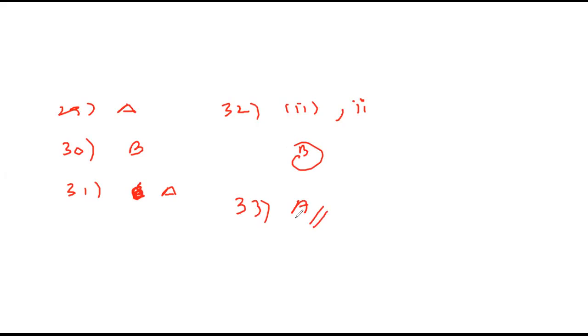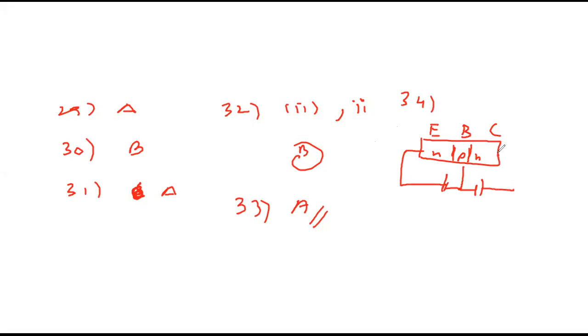34. When an NPN transistor is used as an amplifier, this is emitter, this is base, this is collector. One is forward biased, the other is reverse biased, if you are remembering.